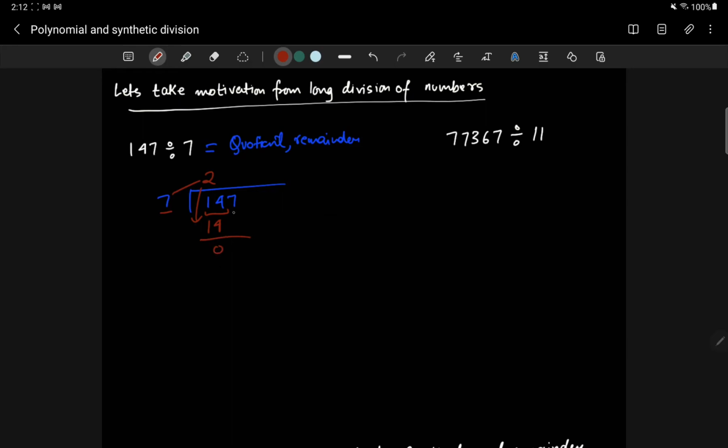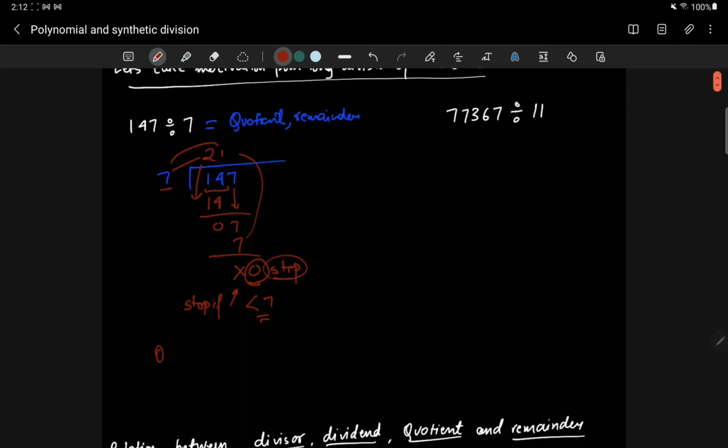There's nothing left here, and then we bring down the next number, 7, and 7 goes into 7 one time, and 7 times 1 is 7, and we stop. We stop when there is 0, which is less than 7. So in this case, we say that the quotient is 21 and the remainder is 0.